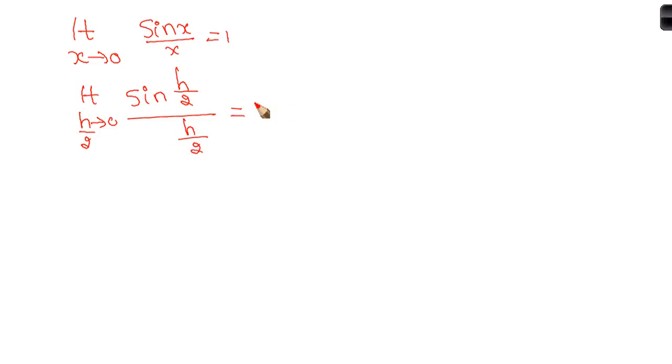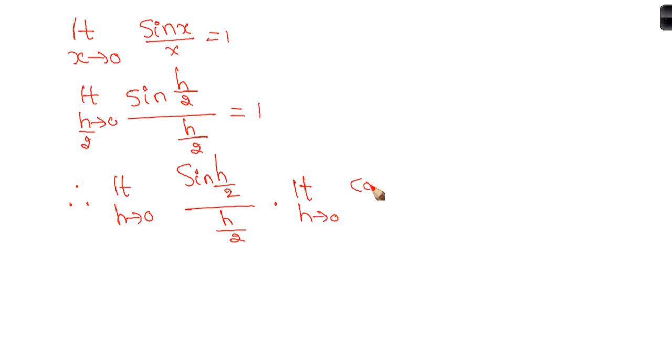is 1. So therefore, limit h tends to 0, sin of h by 2 by h by 2, into limit h tends to 0 cos of (2x plus h) by 2.